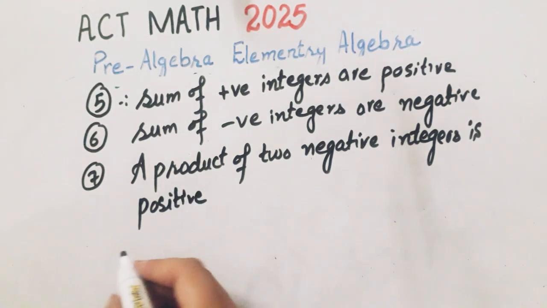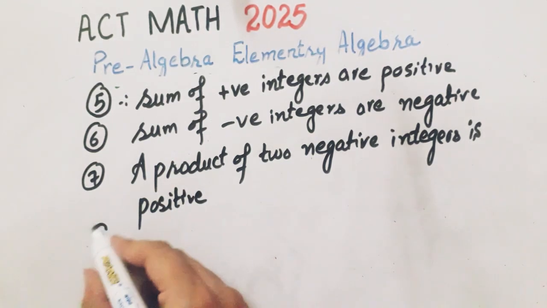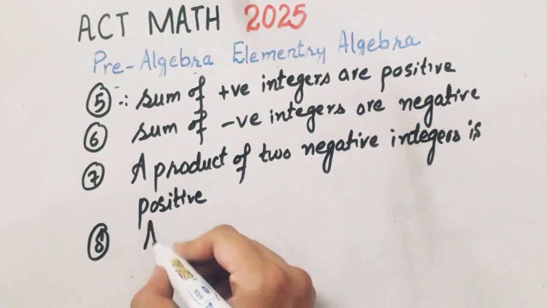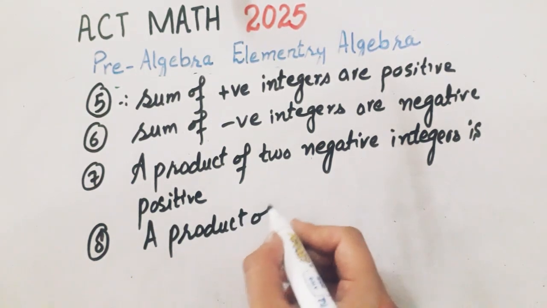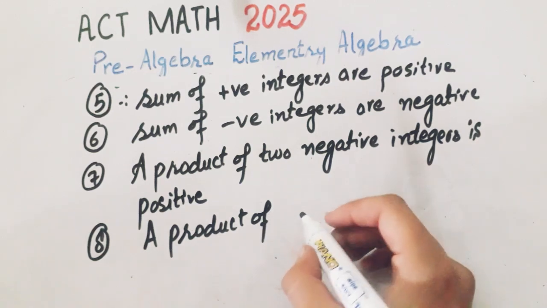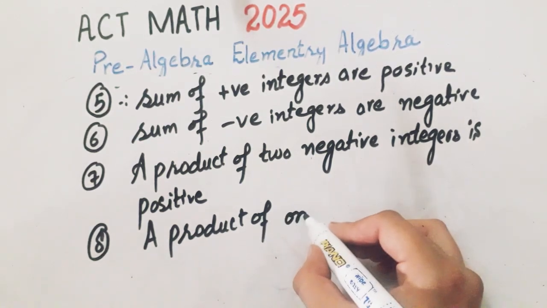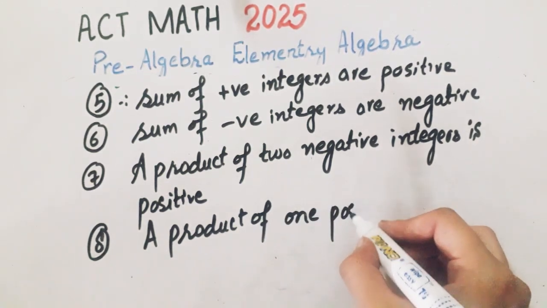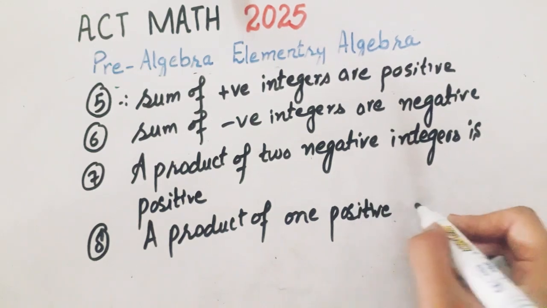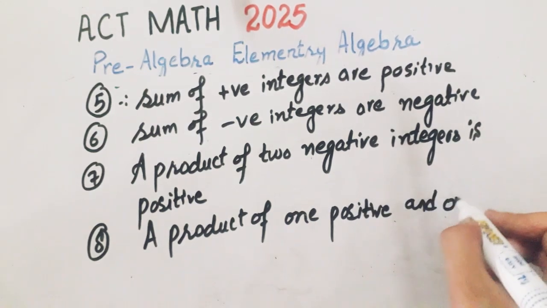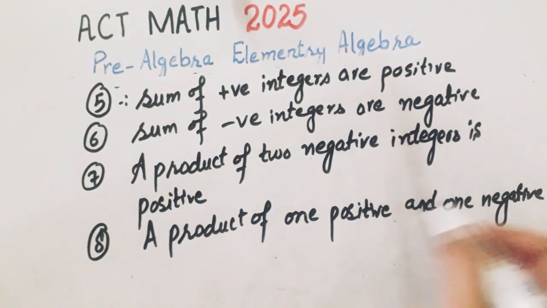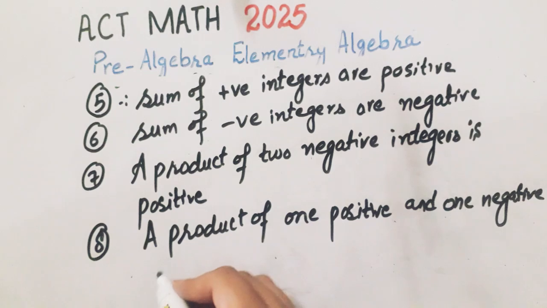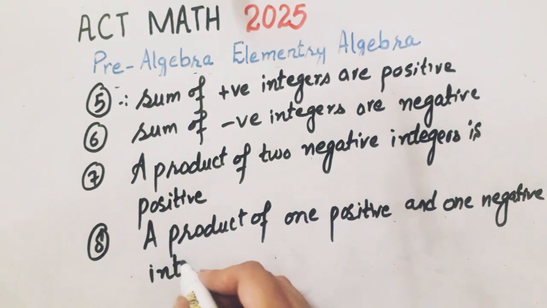And rule number 8 is a product of one positive and one negative integer is negative.